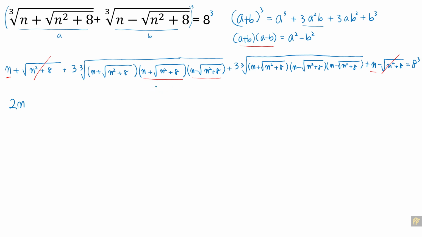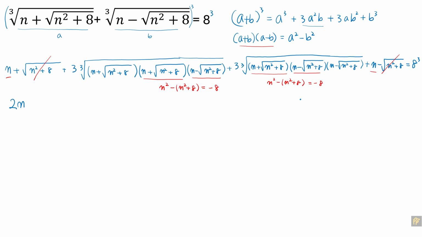So this ends up as n squared minus (n squared plus 8). Similarly for the other one, this should also be n squared minus (n squared plus 8). This is going to be negative 8, and this should also be negative 8.